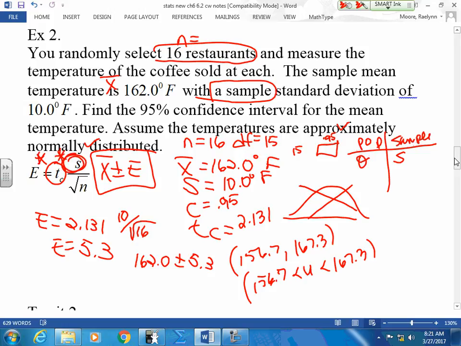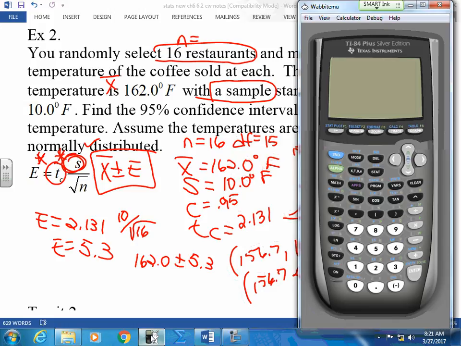Now, for your calculator step, those of you that like the calculator, we're still in test. We're looking for an interval. Let me pull up all my intervals. Which interval do you think it is? T interval. Number 8, right? I did a Z, now I'm a T. Just come to T interval. It prompts you the same way. My x̄, 162.